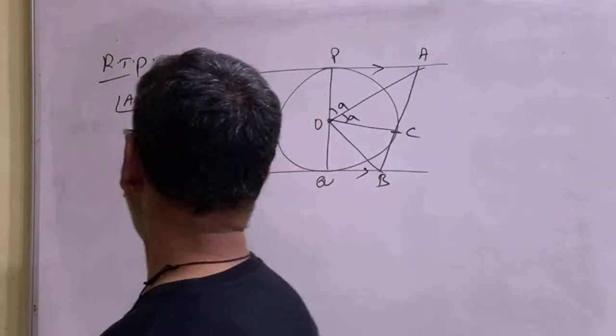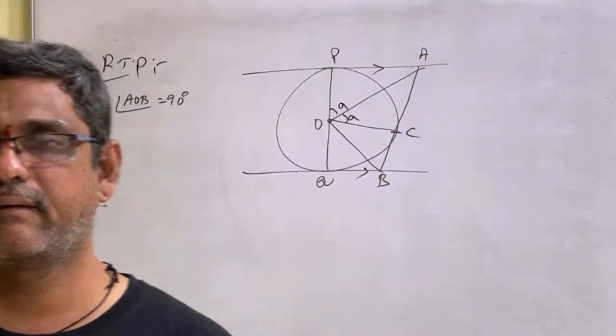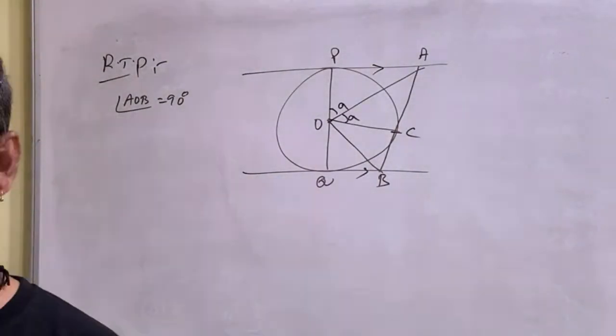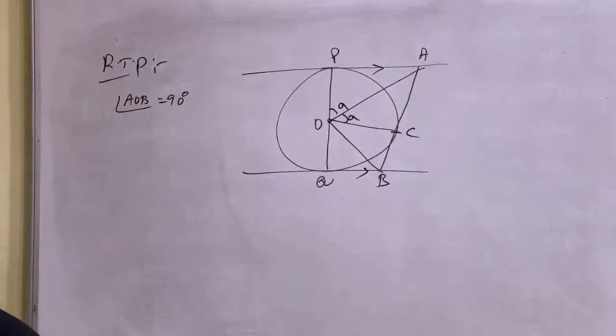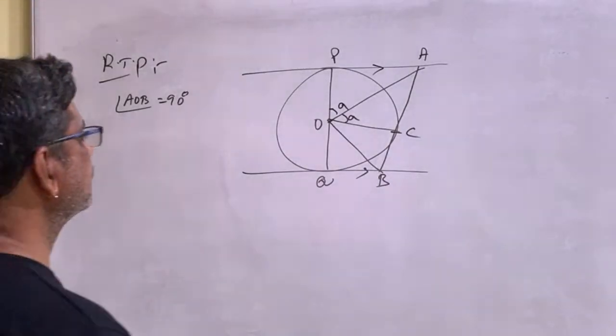Angle POA and angle COA are equal because triangle POA and triangle COA are congruent by RHS congruency. It may be triple S congruency or RHS congruency.